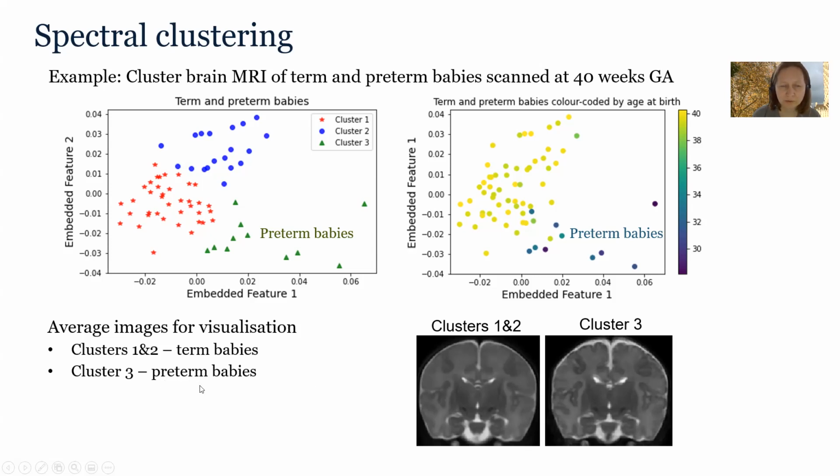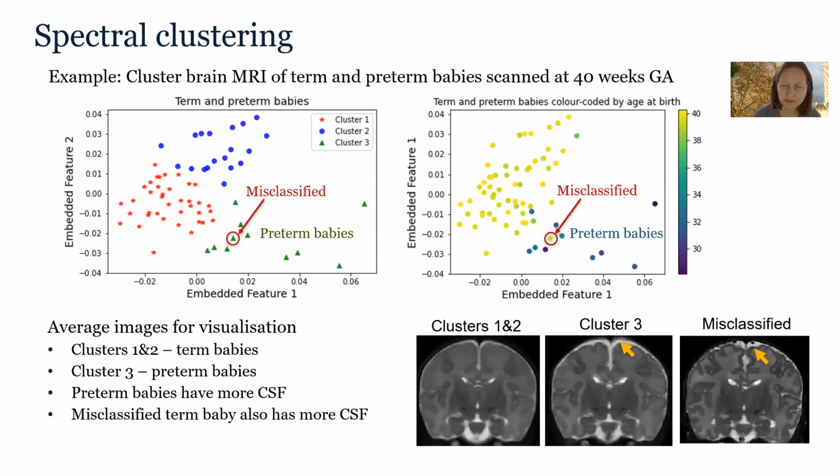And then we also calculate the average image for cluster 3 that mostly corresponds to preterm babies. And here we can see the most obvious difference, that there is more cerebrospinal fluid in cluster 3. And this is a common feature that results from preterm birth.